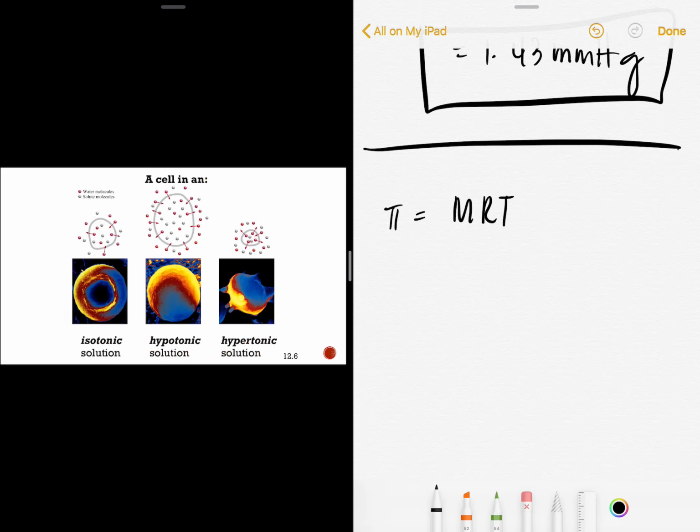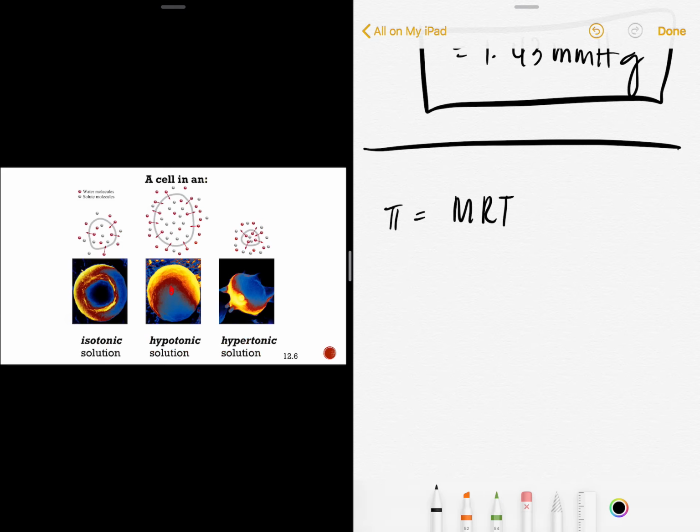So in a cell, osmosis is actually applied. I know you are already familiar with this because it's already discussed in your biology. In isotonic solutions, the concentration inside and outside the cell are equal. In hypotonic, the concentration inside the cell is greater.